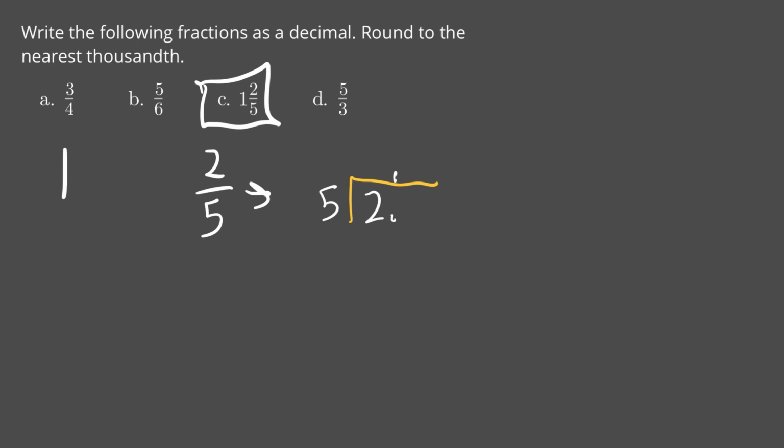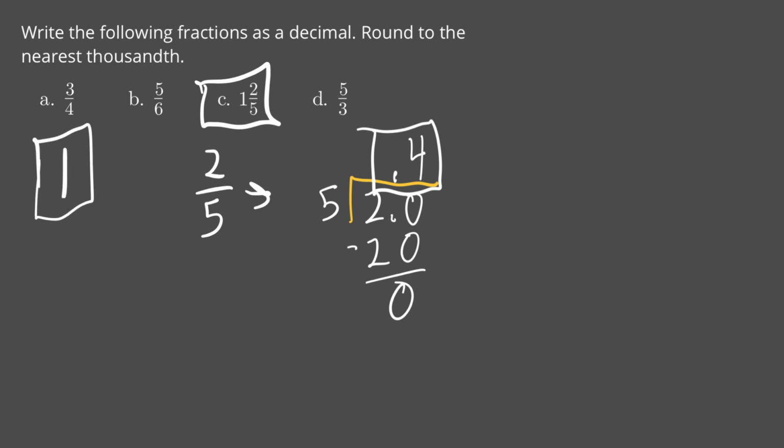We'll place the decimal, add a 0, and 5 goes into 20 4 times. 5 times 4 is 20, subtracting that is 0. So now we have our decimal of 0.4. But don't forget, we also have the whole 1. So we can combine those together, and it's 1.4.